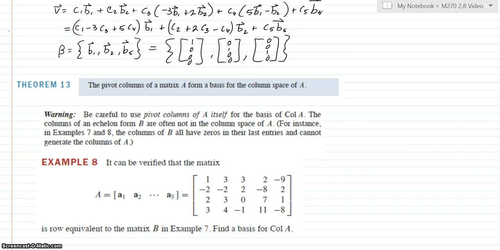It says, for instance, in example 8, the columns of B all have zeros in their last entry and cannot generate the columns of A. So let's go ahead and look at that.